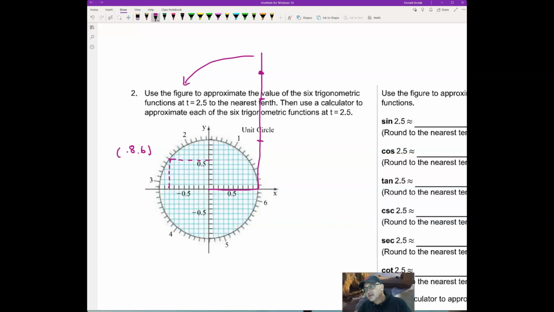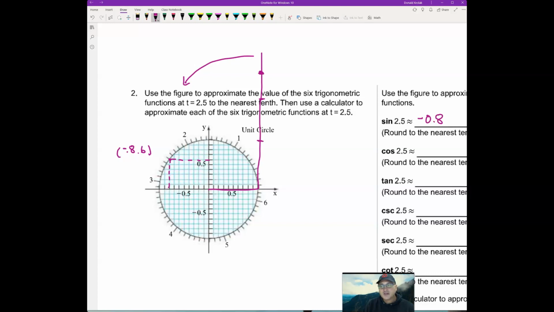Now, the signs on these, since I'm in the second quadrant, the x coordinate is negative and the y coordinate is positive. So over here our y coordinate is our sine, and it says round that to the nearest tenth. So we got negative 0.8.